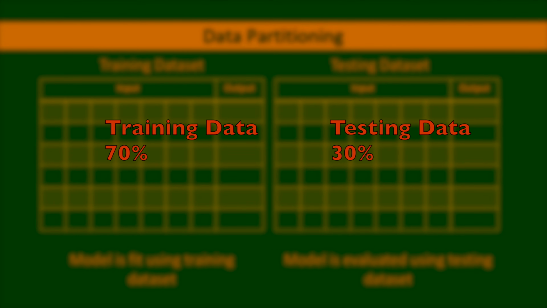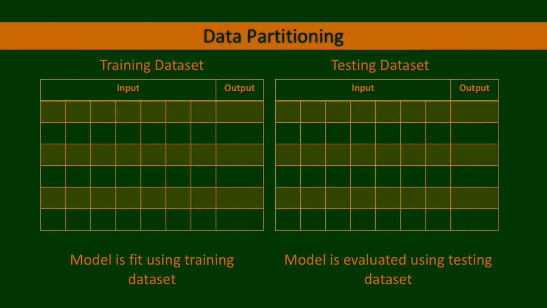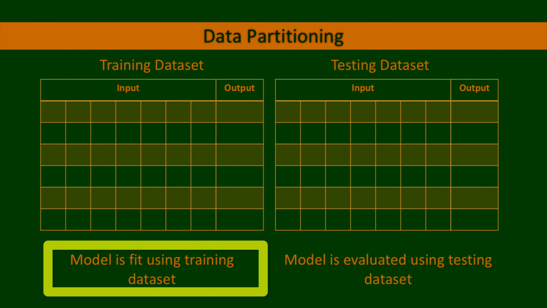We make use of the training data set for developing the model. Basically this model is fit using the training data set. If it is a multiple linear regression model where the y variable is numeric, we develop this linear model where we have the intercept and the slope values, and they are estimated based on the training data set.